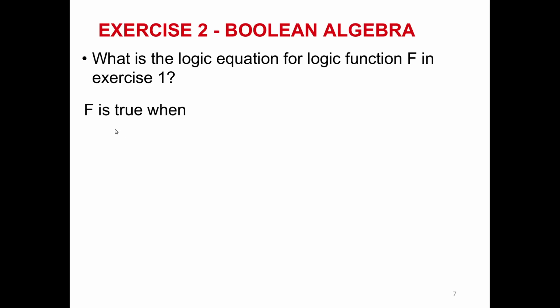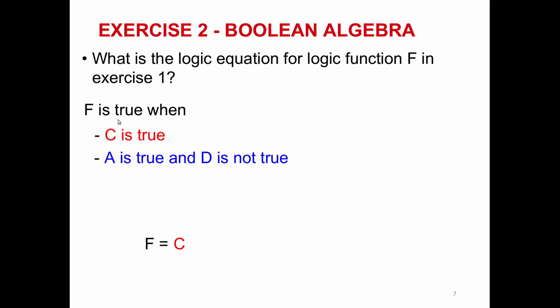So f is true when c is true. It means that c equal 1 makes f equal 1. So f will equal c for the first condition. The second condition is f is true when a is true and d is not true.